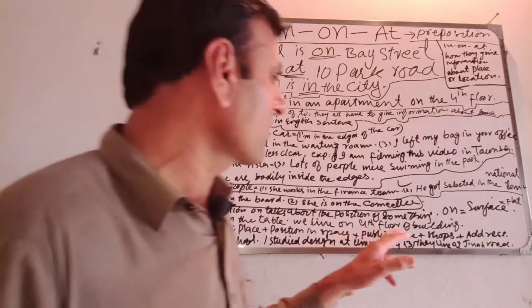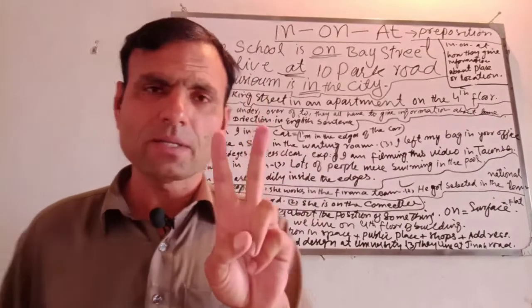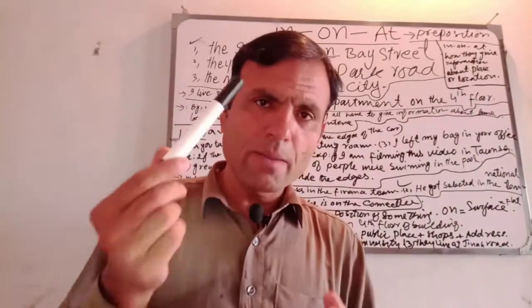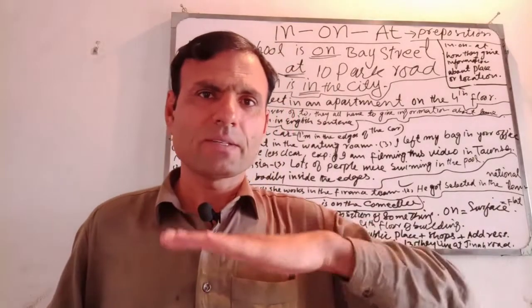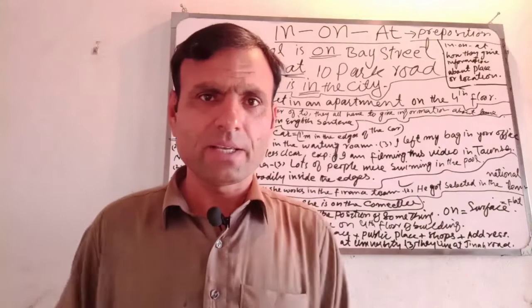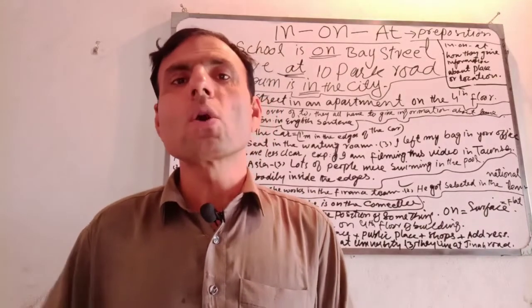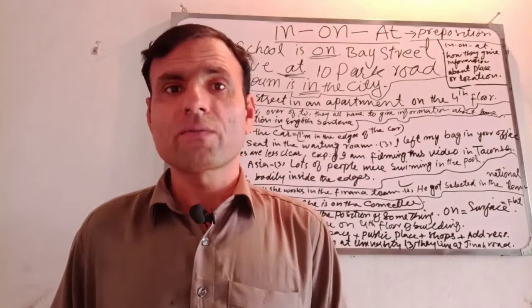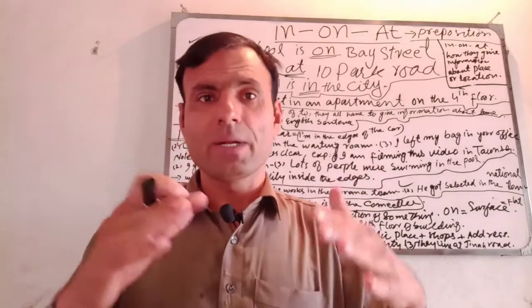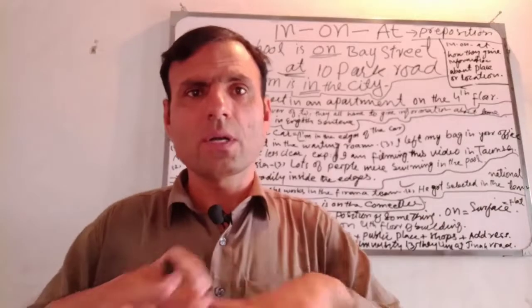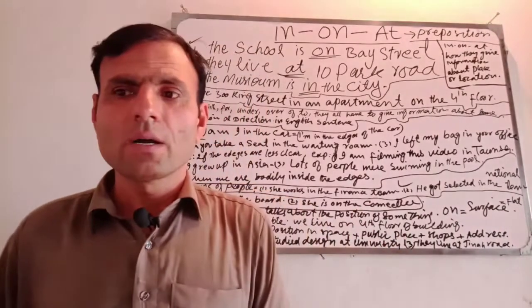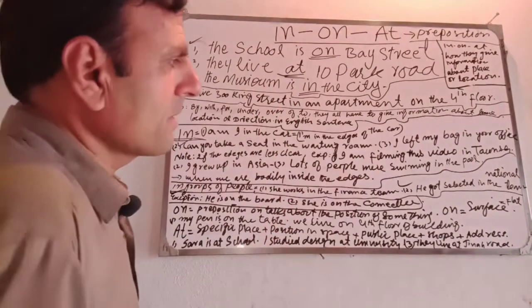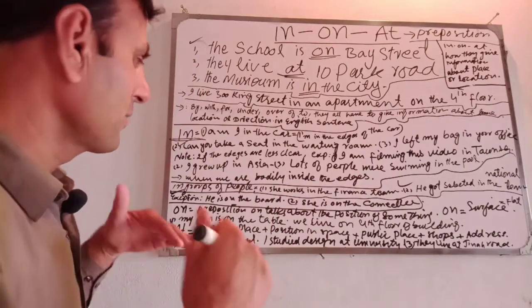We live on the 4th floor of the building. Two examples. My pen is on the table, the surface of the table. A table is a flat thing. We live on the 4th floor of the building. We use on because it tells us about the surface, flat, and the position.